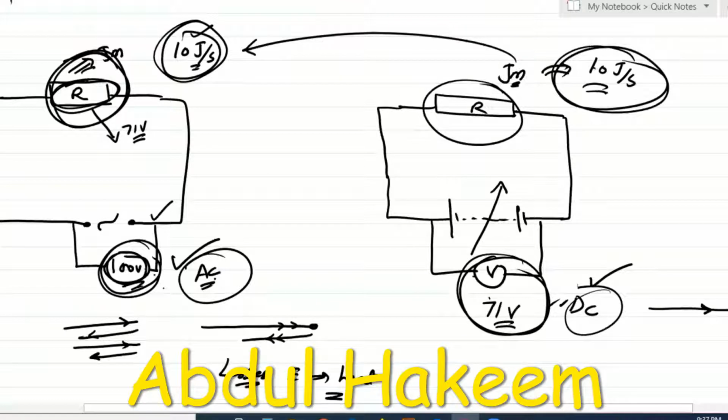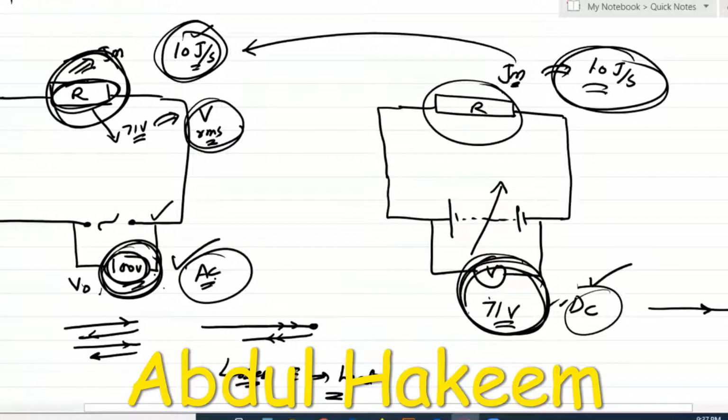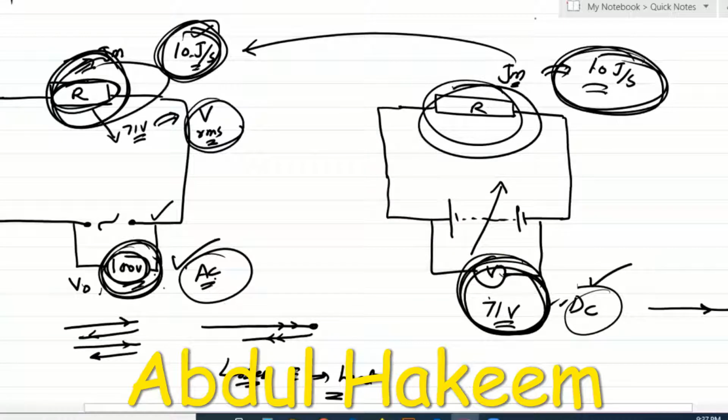So this supplied 100 volt is the peak voltage, and this is actually the working voltage, actually required voltage. This is called RMS voltage. So the RMS voltage of any alternating peak voltage is equal to that direct voltage which delivers the same power from the same resistor. This is the definition.